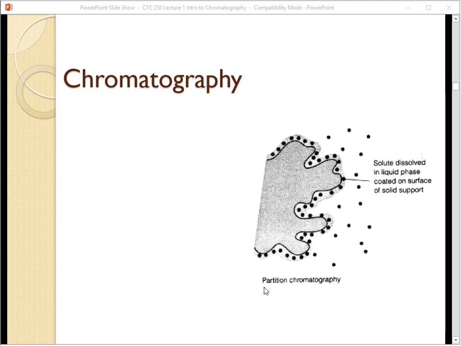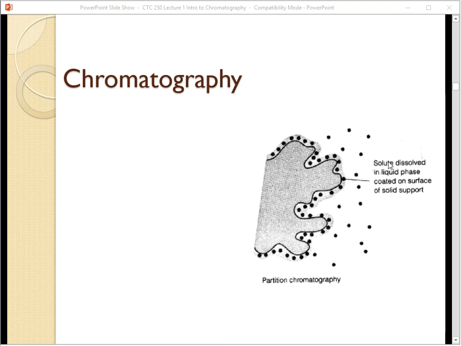So how is partition chromatography different than adsorption chromatography? Well, if you take a look at this diagram from the textbook, it says that the solute is dissolved in a liquid phase coated on the surface of a solid support. All right, so let's read that again.